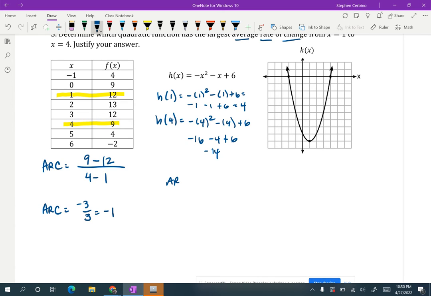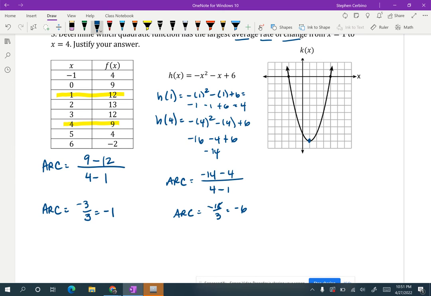So the average rate of change is going to be -14 minus 4 divided by 4 minus 1. If we simplify that, -18 over 3, which is -6. So far, h of x has the largest average rate of change over that interval.